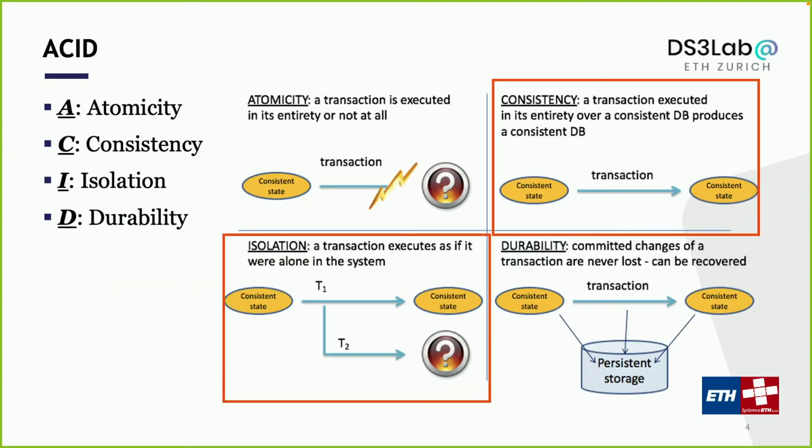Then we talked about four different properties of transactions: atomicity, consistency, isolation, and durability. In the last couple of weeks, we have been talking about two of these. We talked about isolation, to make sure that when you have multiple transactions running in the system, the behavior is as if only one transaction is running.